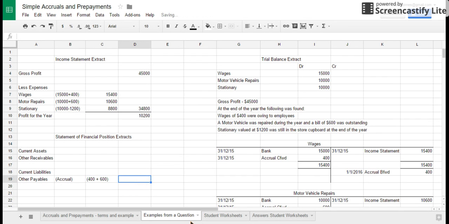So my total of other payables in the current liabilities is 1,000. And my other receivables, that's my prepayments, because I'm owed the money. There's only one of those, so I'm not going to put the sum in. I could put it in brackets, but I just know that there's 1,200 worth of stationery.